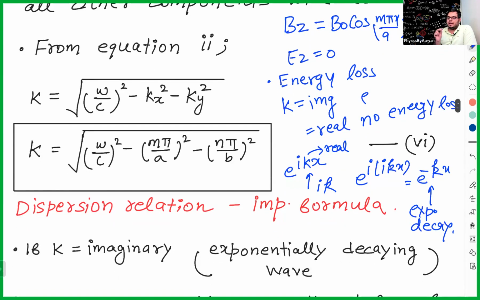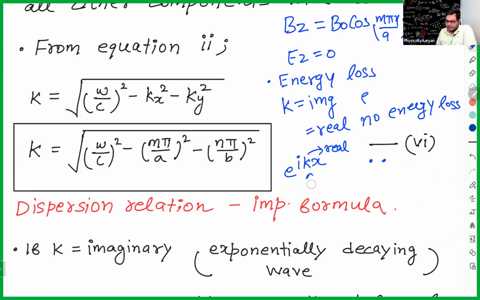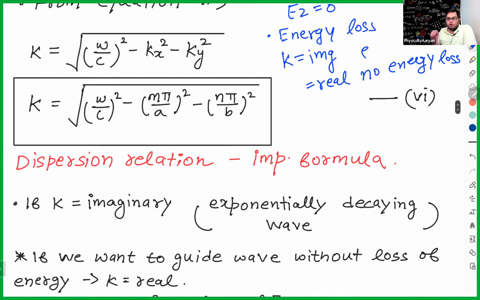But the moment your k becomes imaginary, there will be an energy loss. And you do not want energy loss in your system. So the only condition that you have to make sure always holds is that your k remains real. If you want your k to remain real, then whatever is inside the under root should be positive, because you know under root of negative numbers is imaginary.